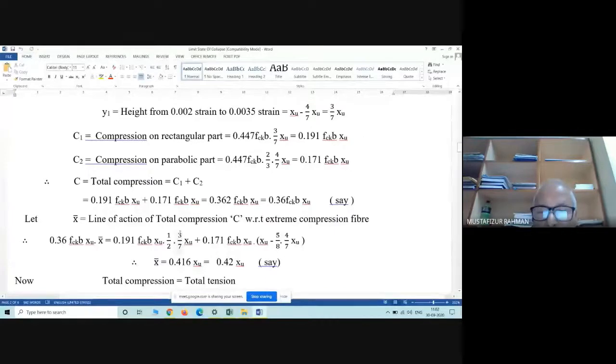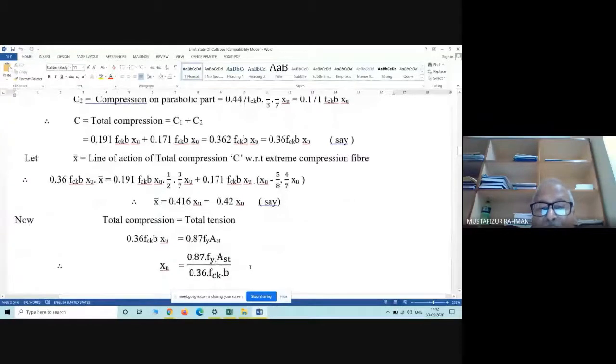Ultimately what we got is x bar approximately equal to 0.42 xu. This means the line of action of total compression on the cross section is 0.42 times the neutral axis depth.